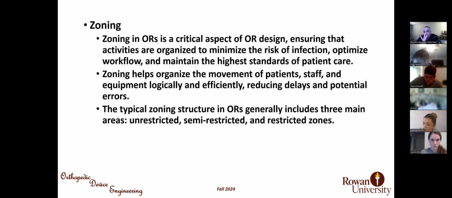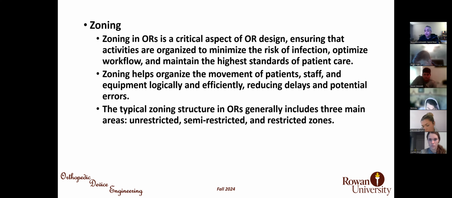We have 3 zones in each operating room based on the sterility and the rules of sterility that must be respected in this area. One area is called unrestricted, which has no rule for sterility. One area is semi-restricted. You have to respect some rules there.